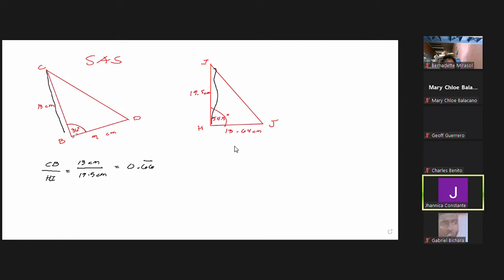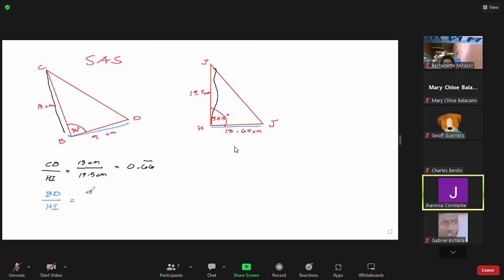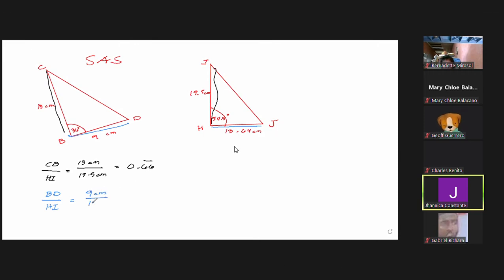So let's identify if side BD will have the same proportion as sides CB and HI. So side BD corresponding to side HJ is equal to 9 centimeter divided by 13.64 centimeter.